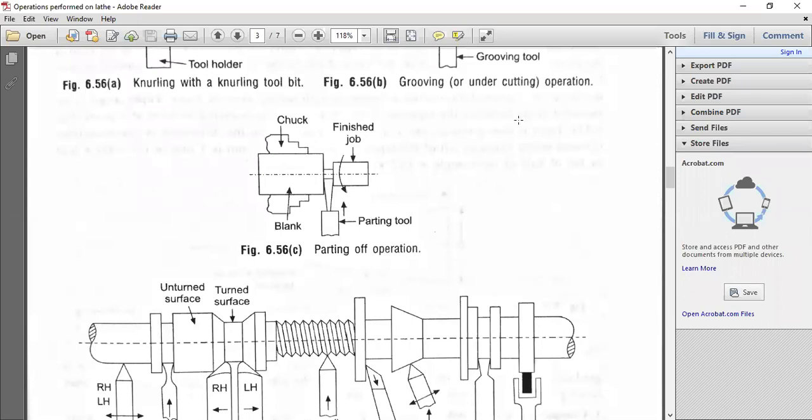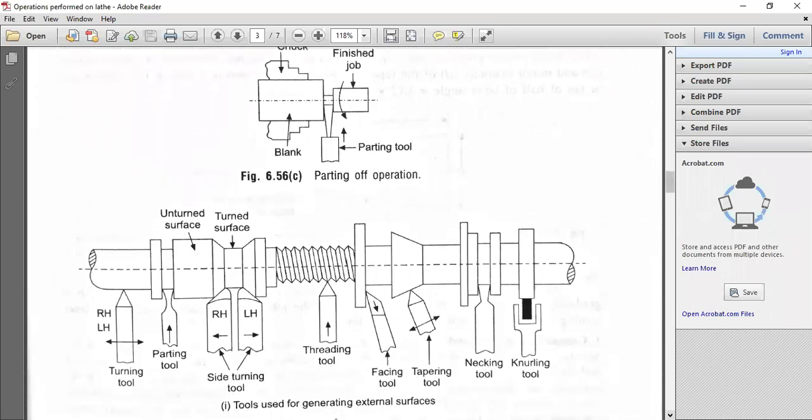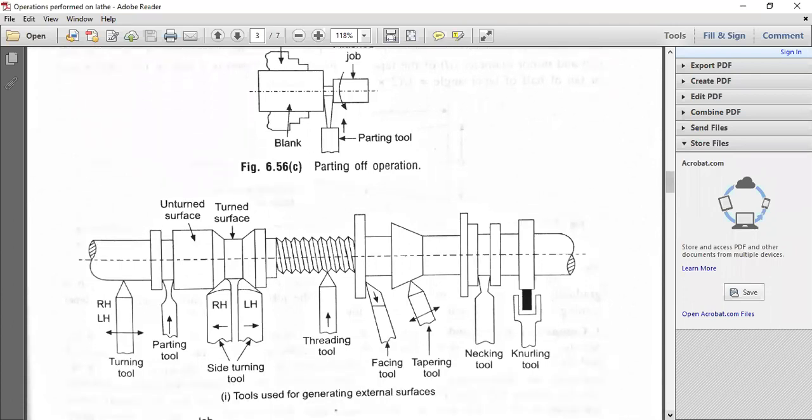So this particular diagram which I am showing is also very helpful. All of you practice. I'll share this immediately after the class.